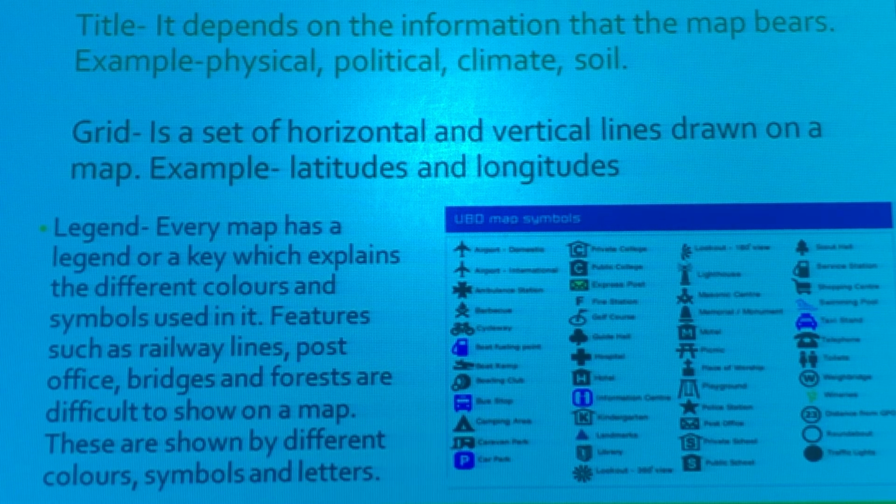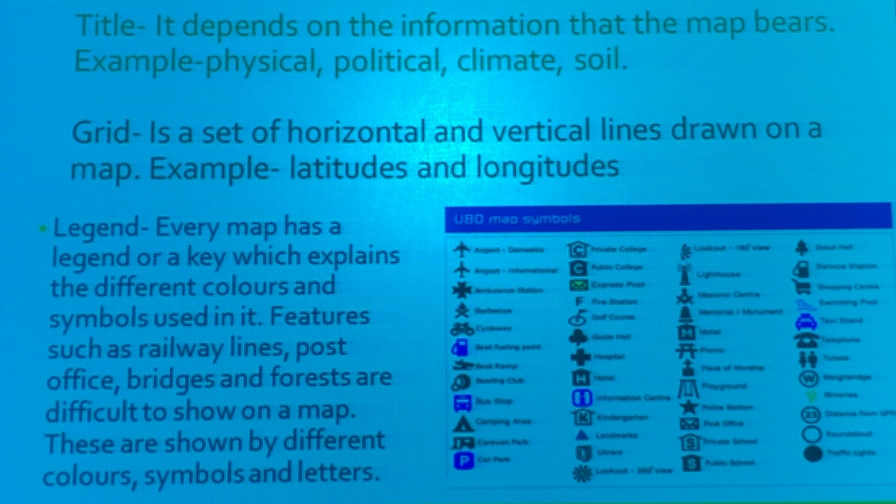Next is grid. Grid is a set of horizontal and vertical lines drawn on a map. For example, the vertical lines on the globe or on a map are called longitudes, and the horizontal lines are called latitudes.